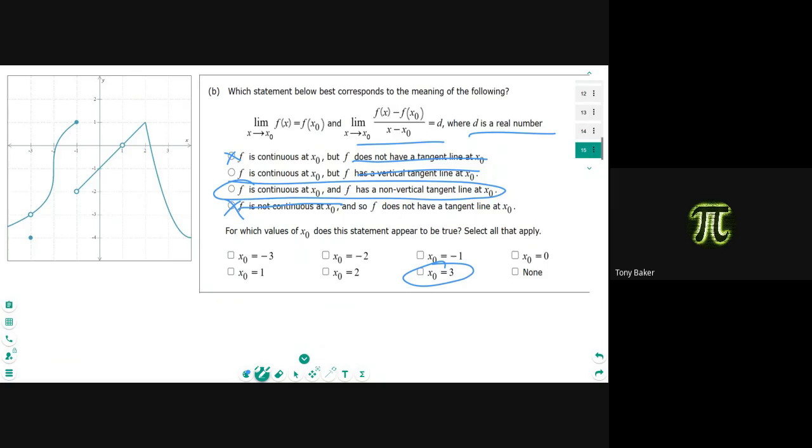Any other ones? X not equals -2. Or sorry, X not equals 0. So -2 is your vertical tangent. -1 is the jump discontinuity. -3 has the removable discontinuity. They don't equal the same thing. 1 has another discontinuity, and 2 is the kink. So only those two work.